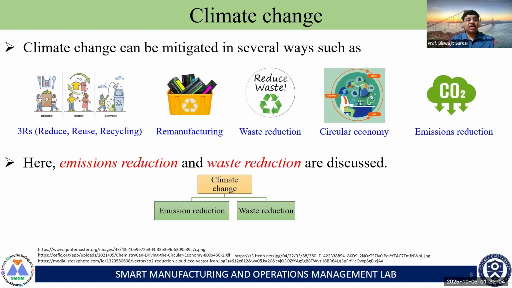The question is, there are so many gases, so why do we bother only about carbon? Because for other gases, it can be recoverable. But for carbon dioxide, it is very difficult to manage. That's why almost all researchers are bothered about emission reduction regarding carbon dioxide, carbon monoxide, and all these things.